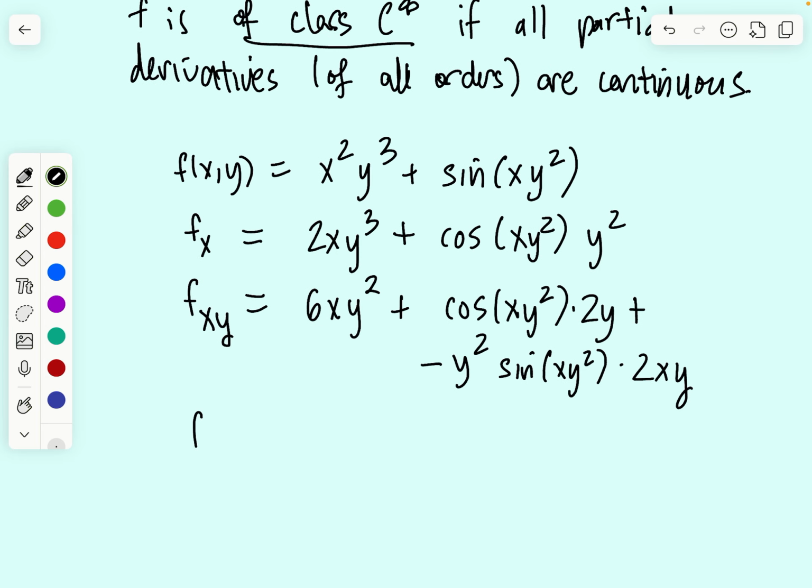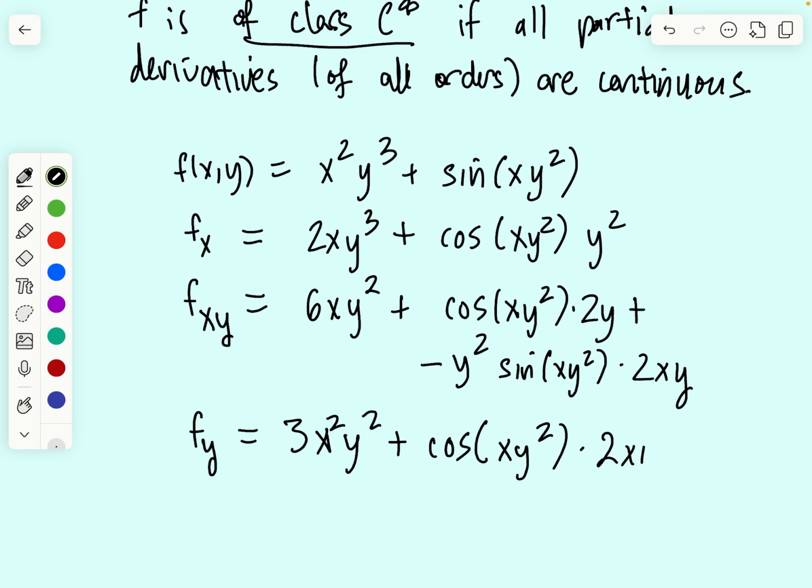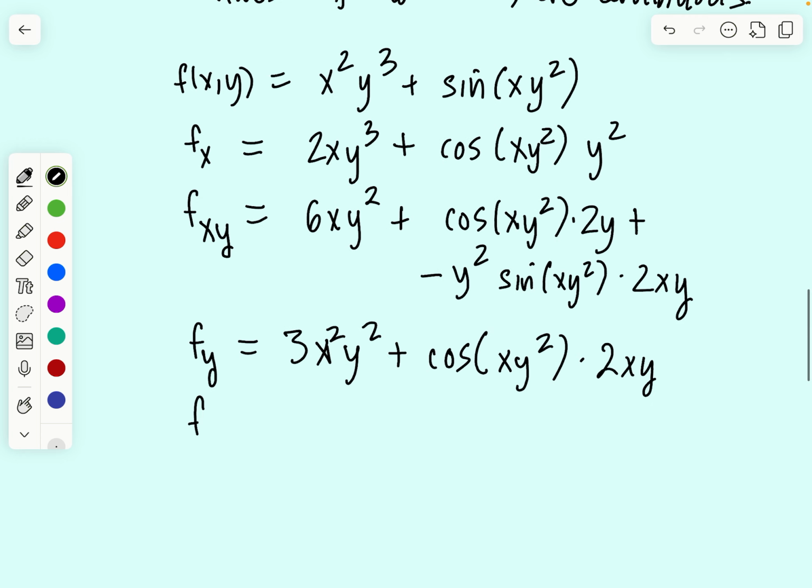And then if you did f sub y, you're going to get 3x squared y squared plus cosine of x y squared times 2xy. And then if you do f sub yx, you're going to get 6x y squared. Let's just move the 2 out in front.